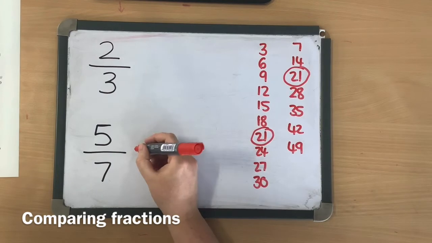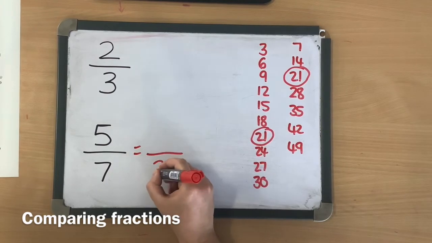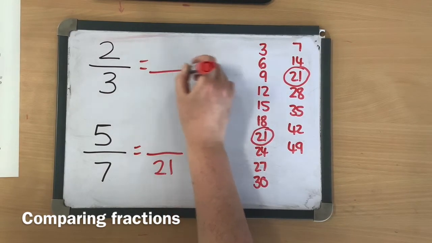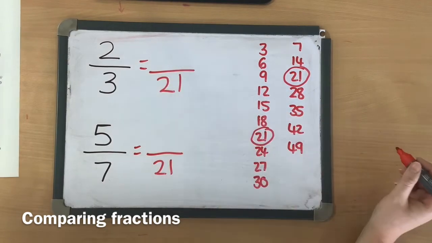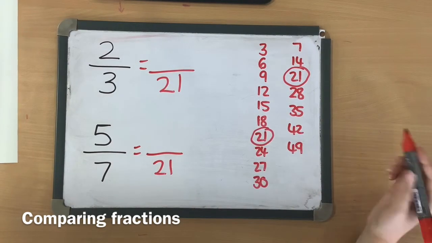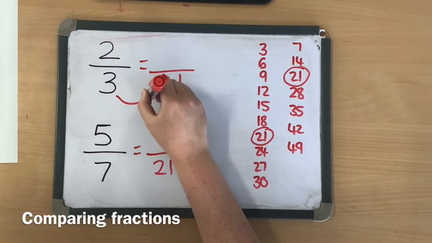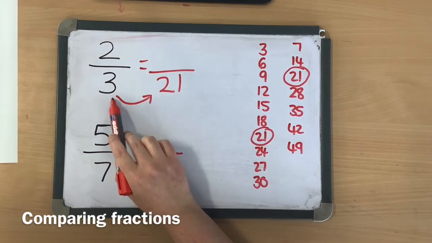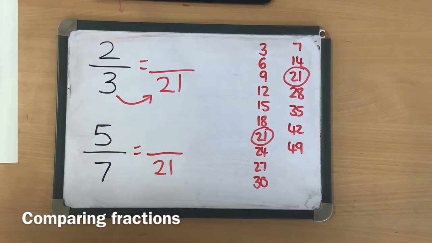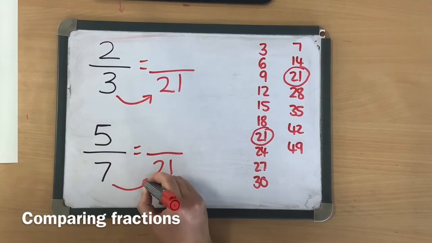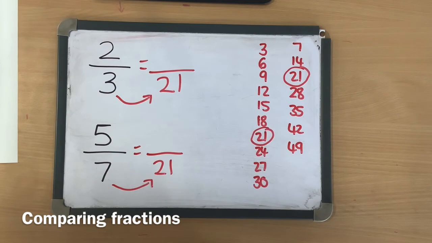That means my denominators need to become 21. So I then need to look at what I need to do to 3 to get to 21, and what I do to 7 to also get to 21.